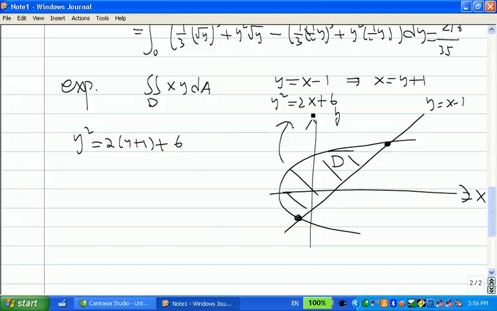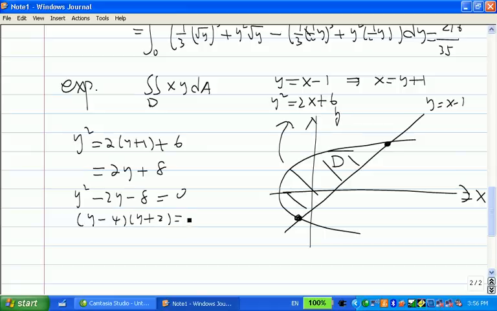I replace x by y plus 1. That gives 2y plus 2 plus 6, which is 8. So you get y squared minus 2y minus 8 equals 0, which is y minus 4 times y plus 2. So y equals 4 and y equals minus 2.